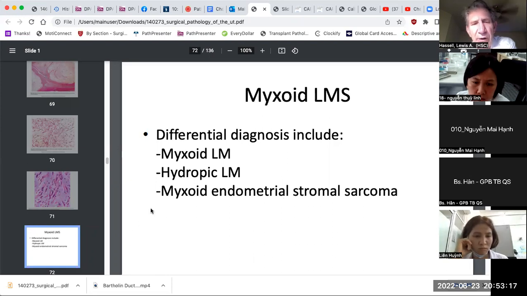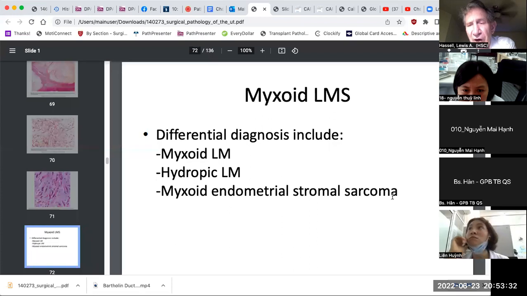So this one would be a little bit tricky. If you have the capability to do a JAZF1 fusion gene test through FISH or other means, the endometrial stromal sarcoma should be positive for that JAZF1 fusion change.